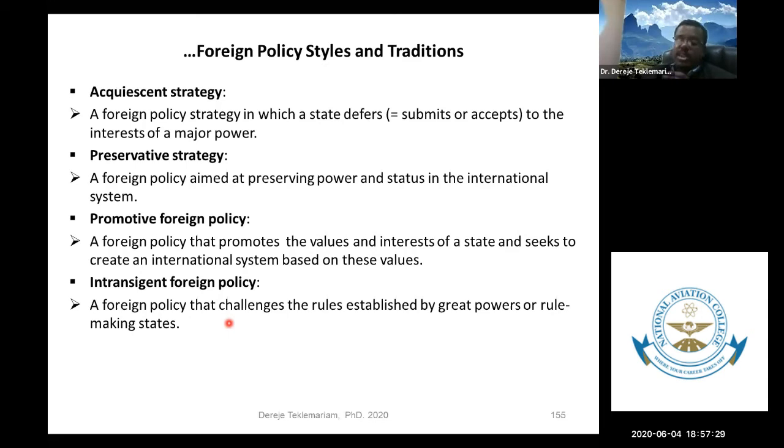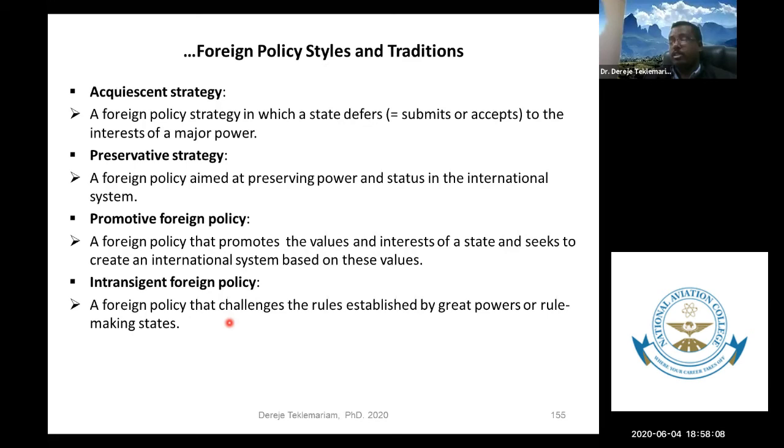And they may reflect this in a more diplomatic sense, and this type of foreign policy is called intransigent foreign policy. For example, in the case of Ethiopia, there are some components related to this, but mainly in relation to its affiliations to protect the country and the region from, quote unquote, global terrorism, and the minimization of some countries' hegemony in utilizing the Nile River and natural resource bases.